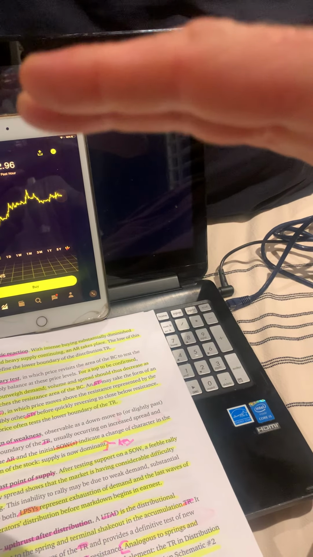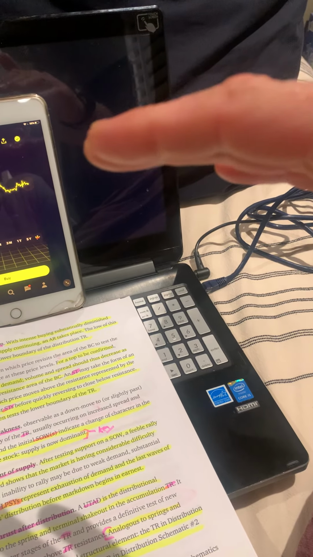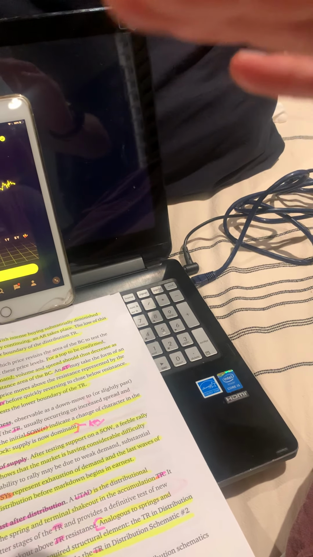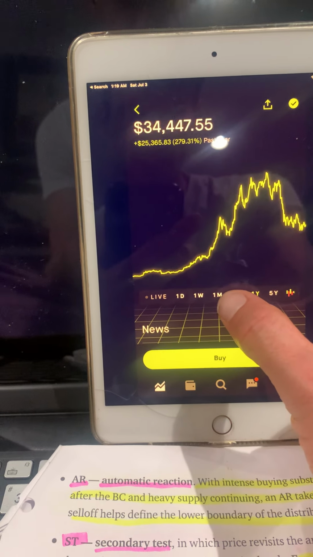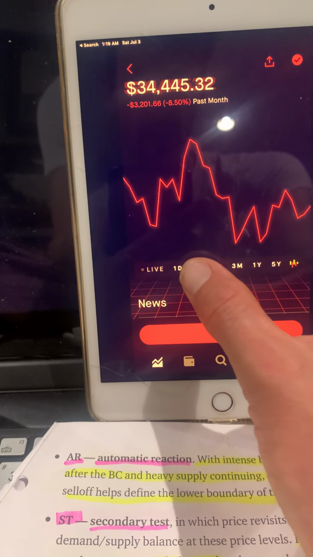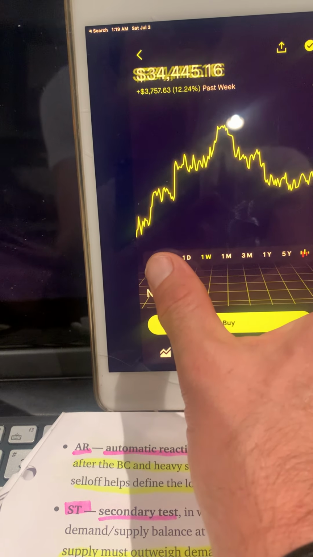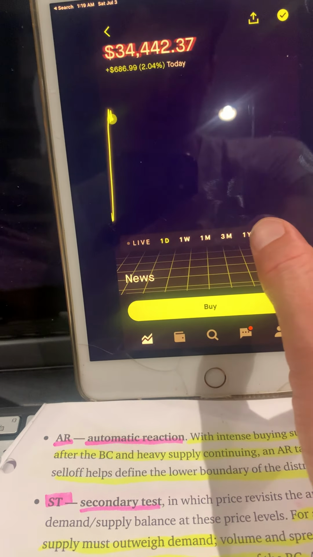So if it's going up and up, but the volume's not going up with it, that means that's the composite operator trying to suck you into buying at that price. And you got to be vigilant. Go back, do this. Go back 1 year, go back 3 months. Look at all the patterns. There's so many things to look at, right?